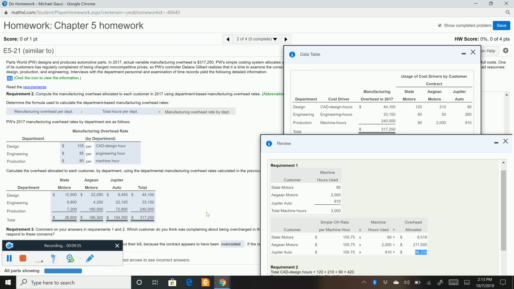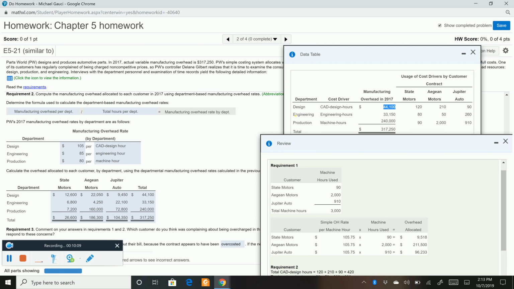When we actually study our production, we find that there are 3 different departments that the manufacturing goes through. First, we have a design department, and the best cost driver for the design department is the CAD design hours. We know that in the design department we have spent $44,100 total.